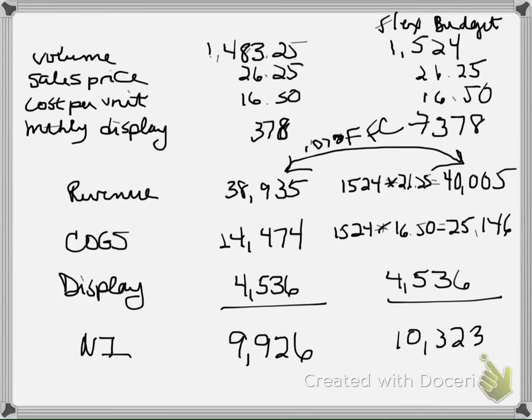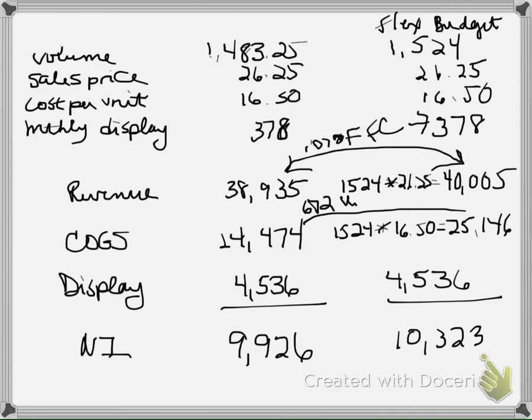Similarly, my cost of goods sold went up to $25,146. The difference between that number and our initial $24,474 is $672. Now, because costs are higher, that's an unfavorable variance. And again, it doesn't mean that it's a bad thing.